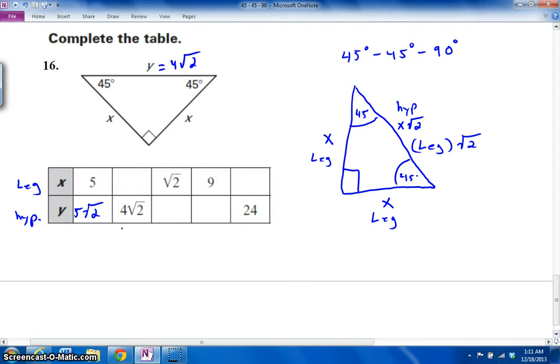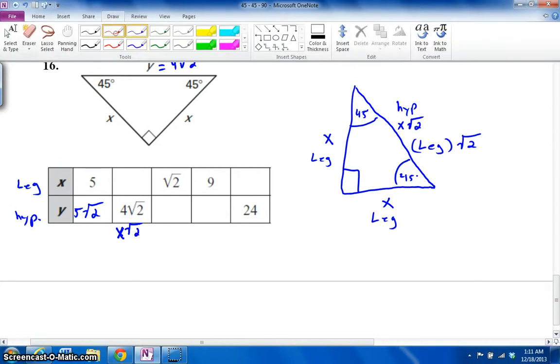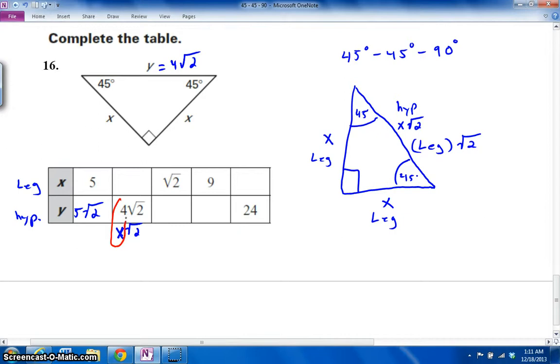Now our rule for the hypotenuse, x square root 2, is here. And just like when we substituted the 5 for x, the 4 in front of the square root 2 is our x value. These go together. So we get a side length of 4 for our legs.